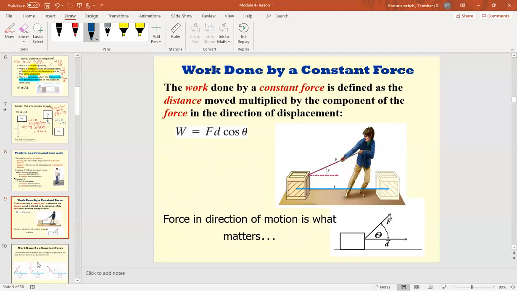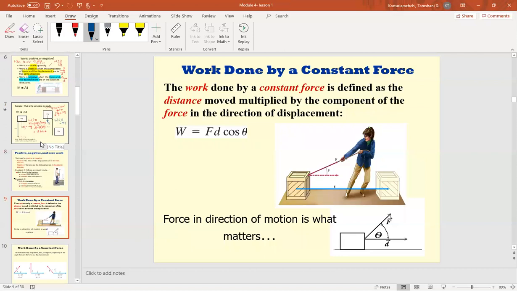Now let's look at the more general case. Look at this. This is the most correct definition. The work done is F d cosine theta. Earlier we saw that work done is F times D, but that is valid only for special cases.